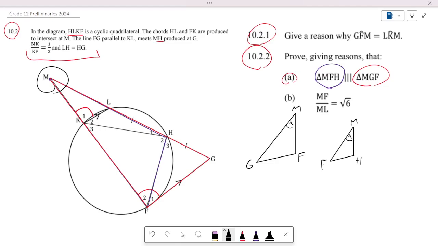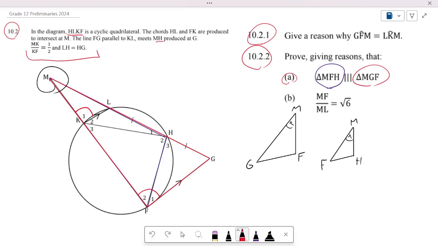So those are completely different ones over here. One of them is F2 and the other one's F1, and that's why they're not equal. They are not common angles, right? But let's try and get two equal angles so that the other angles will be the same due to sum of the angles in a triangle, right?